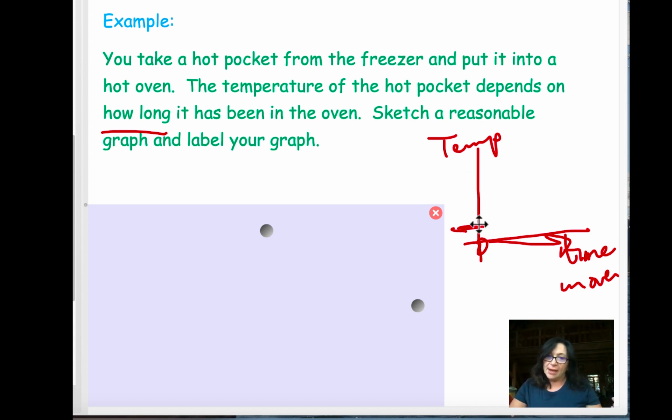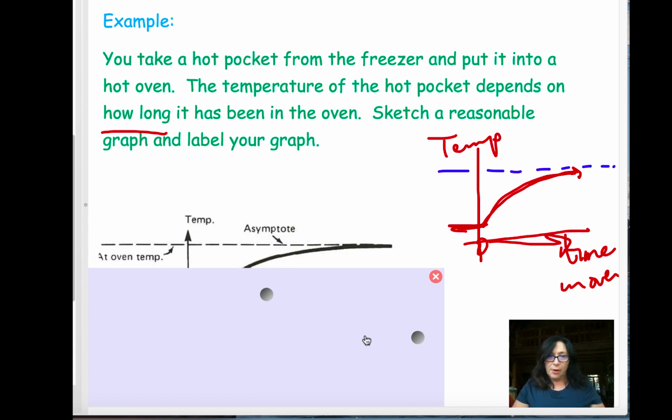So it's super cold, but as soon as it gets hot, it's going to go up, because it's going to get hotter and hotter and hotter, but then how hot is it going to get? So you've got to think about this, that at some point it's not going to go any hotter than how high you set the oven for.